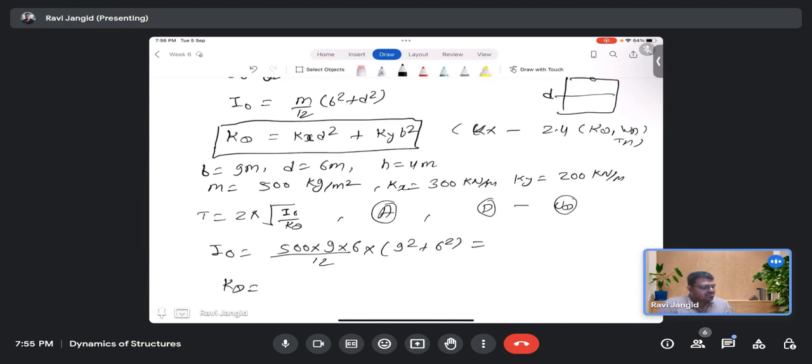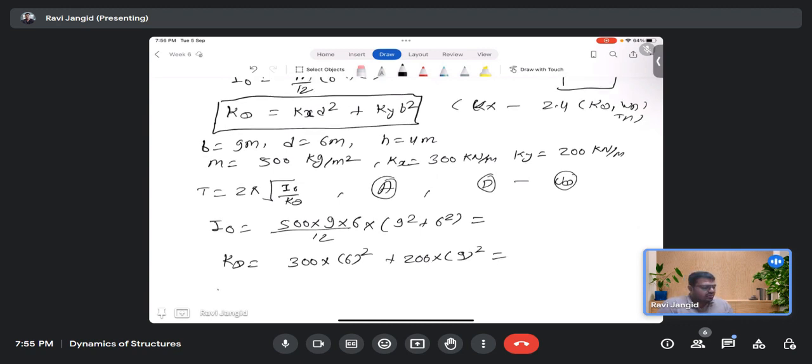K theta is kx, 300, into 6 square plus 200 into 9 square. Give me this value as well and calculate the time period. Anyone with the value of k theta and I naught?